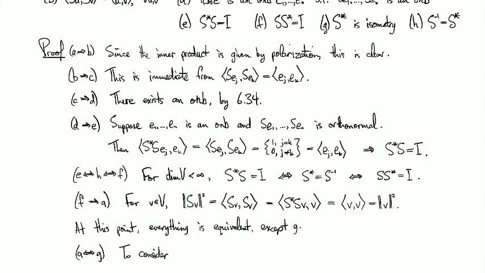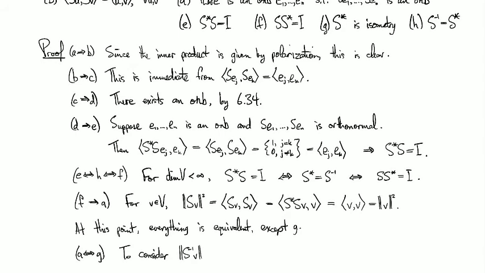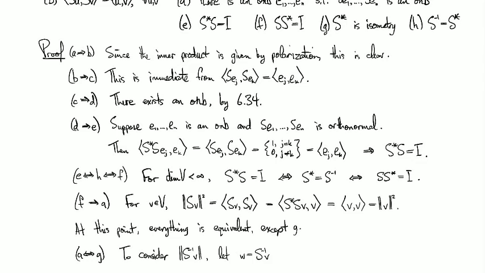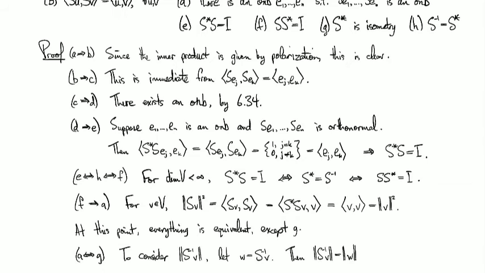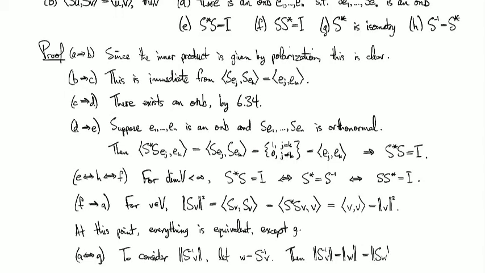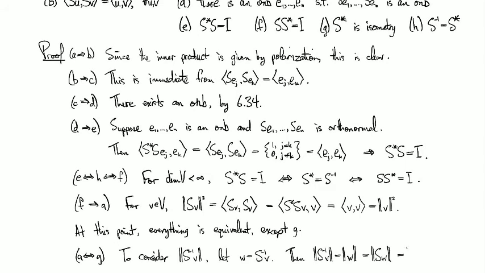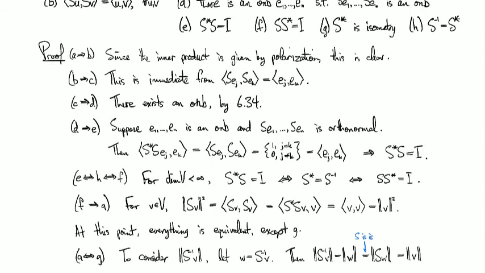So let's consider the magnitude of S inverse V. We'll take W to be S inverse of V. Then the magnitude of S inverse V is the magnitude of W, but then we're assuming that S is an isometry, so this is the same as the magnitude of SW, but then S applied to W is V. Let me just make a note of the fact that this step is because S is an isometry.